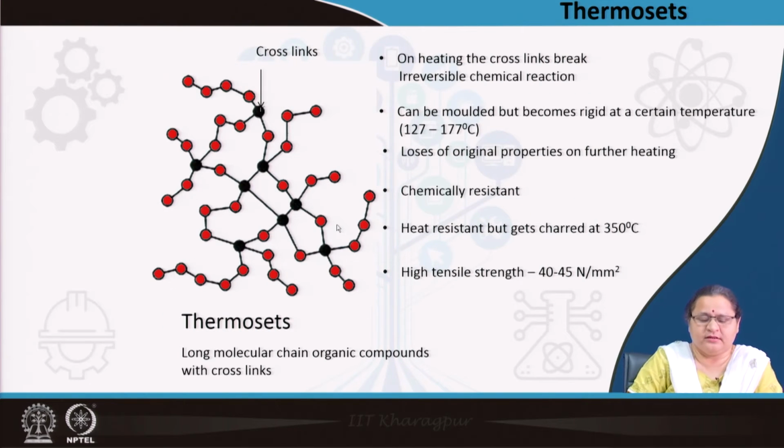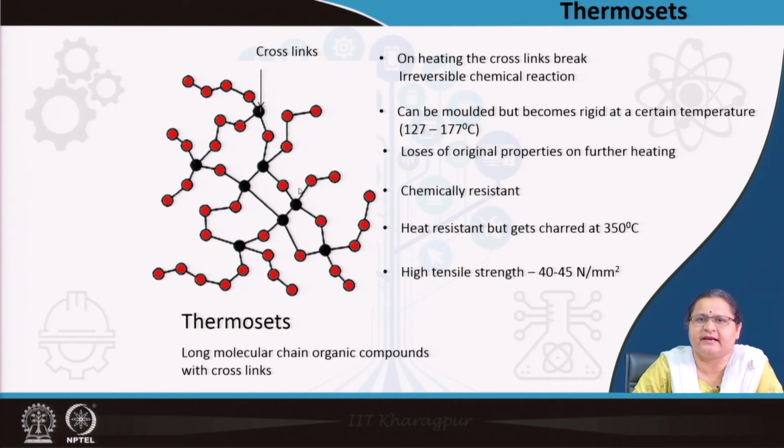After knowing thermoplasts, the other important type of polymer is the thermoset. What happens here? You see the cross links, the black spots, which actually dissociate when it is heated. But it does not dissociate at the very low temperature at which thermoplasts do.